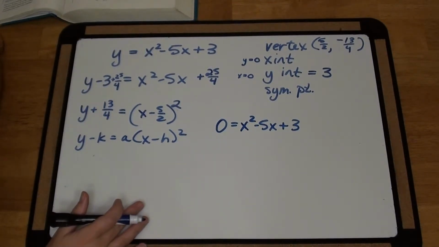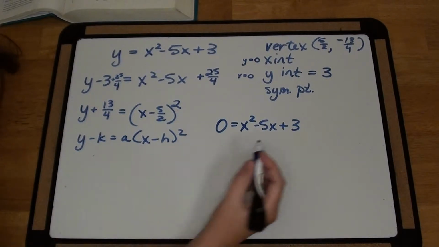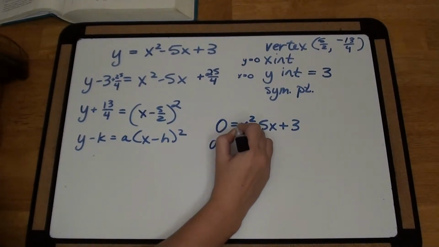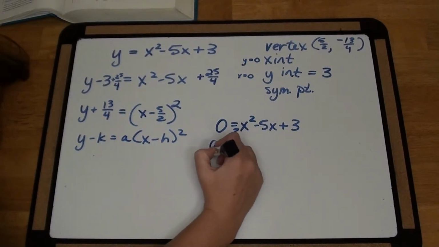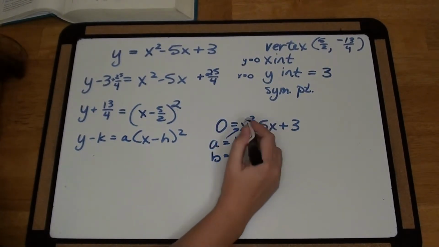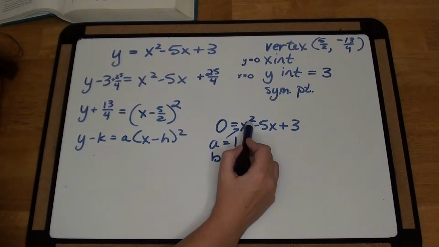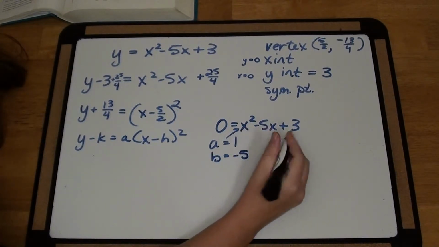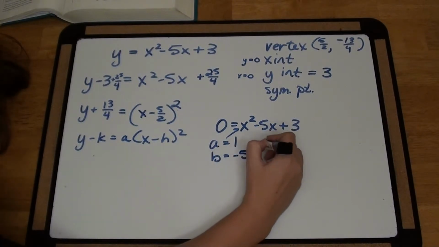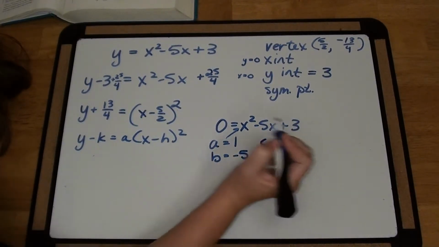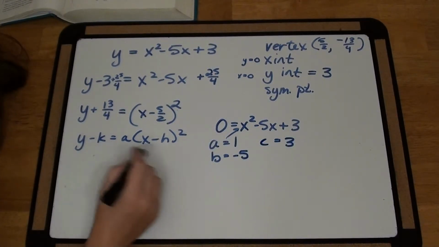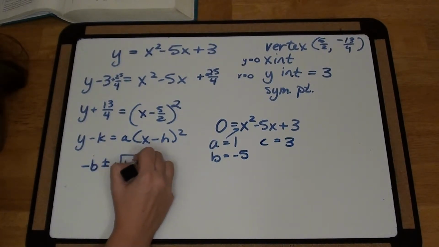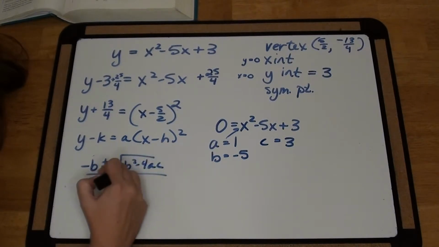But although I can't factor it, I can use the quadratic formula on it. Remember, a is whatever is in front of x squared, which is 1. b is whatever is in front of x, so that would be negative 5. And c is this number, 3. The quadratic formula is the opposite of b plus or minus the square root of b squared minus 4ac, all over 2a.